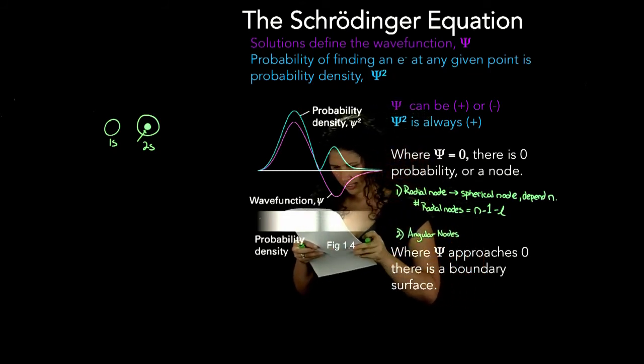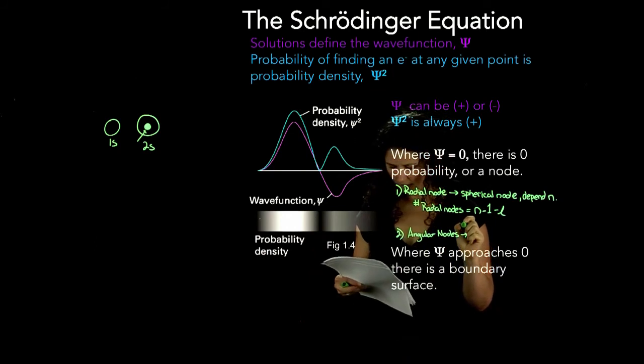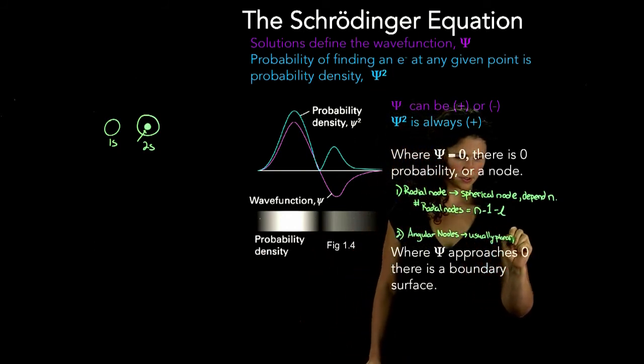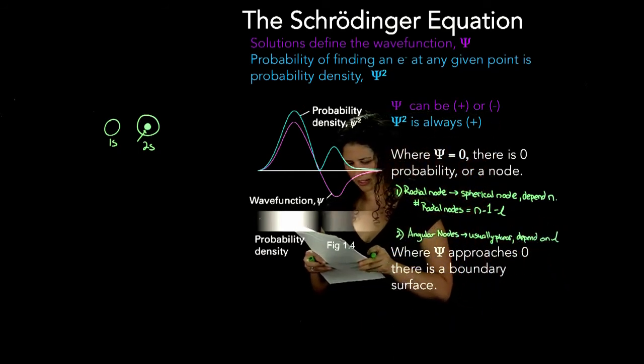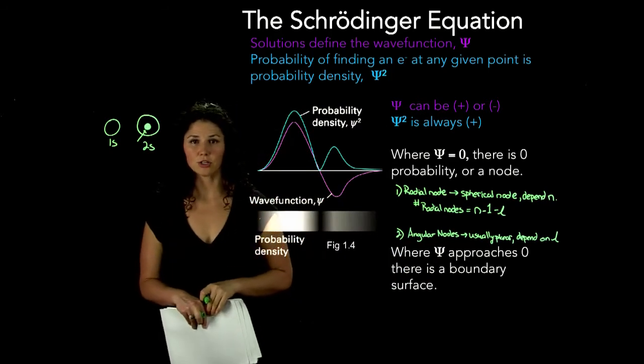And these are nodes that are defined by the subshell, and these are usually planar. So they depend on l, or your angular momentum quantum number, and these are basically what are going to give you your shapes.